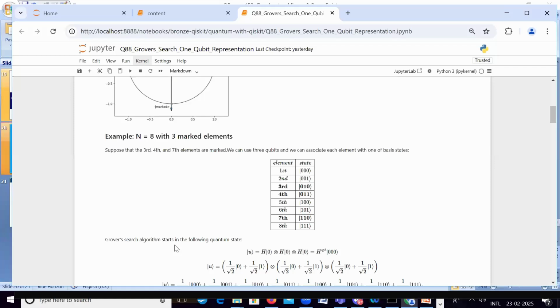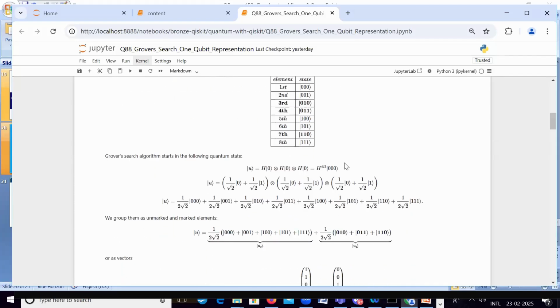Grover's search algorithm starts in any state, and then in this one we consider the state U for a given system, and then apply the condition as given here.